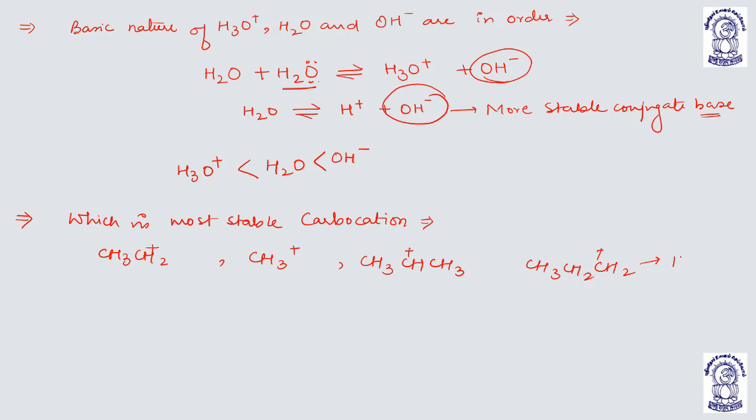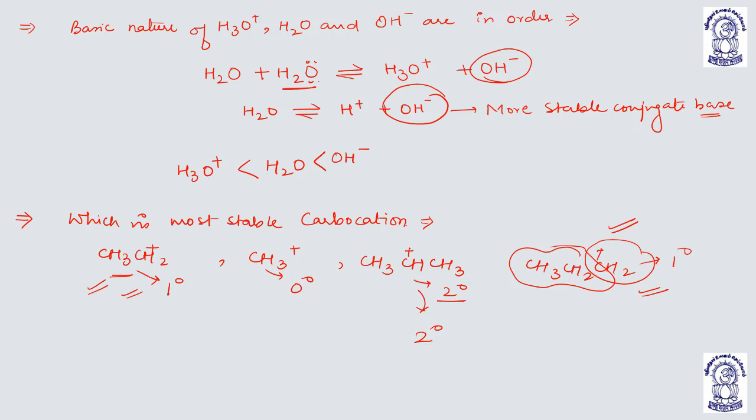This is 1 degree, this is 2 degree, this is 0 degree, this is again 1 degree, and 2 degree is most stable. Now among this and among this, this carbocation is having an ethyl group, a long carbon chain. And as it is having a long carbon chain attached, the most stable will be this. And among this one and this one, the stability of this compound will be more than this compound. Okay, so these are some possible questions.